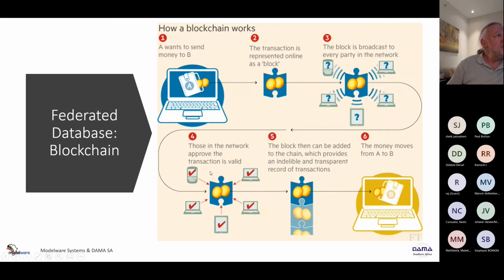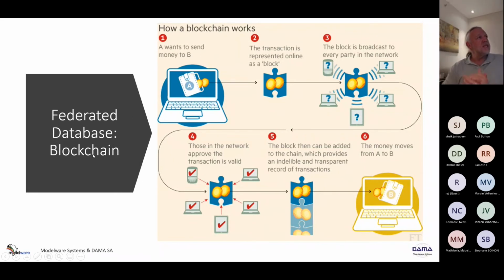And then I don't need to have everybody coming back to me, but I could have three people coming back and saying, it's okay, the transaction's valid. Let's put it on the chain. And then notice now that's where I get a blockchain from, and then the money moves to my daughter in Cape Town. So a simple example, blockchain tends to operate on a technology called distributed ledger, DLT. And so that one looks thin.